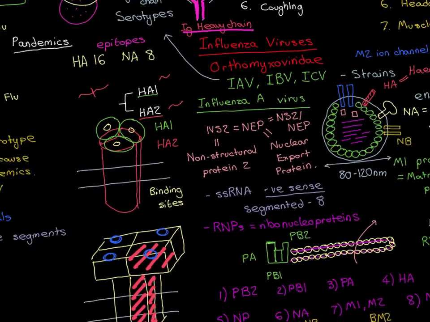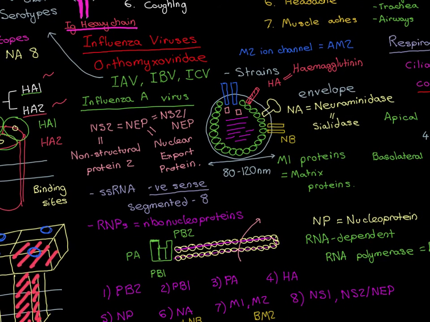Okay, so let's go back to the virus structure then. So it's still single-stranded negative sense RNA, but we only have 7 RNPs now, and the ribonucleoproteins are still the same, so you still have the nucleoprotein forming the capsid around the RNA segments, and you still have the RNA-dependent RNA polymerase made out of these 3 separate proteins, PA, PB1, and PB2.